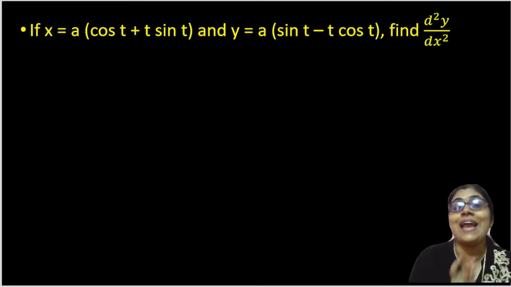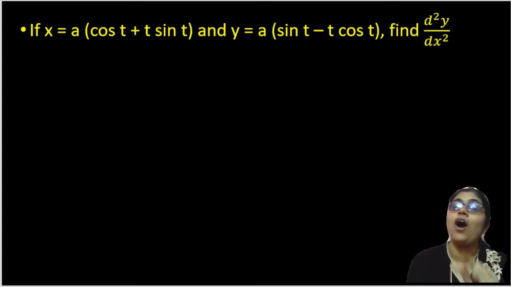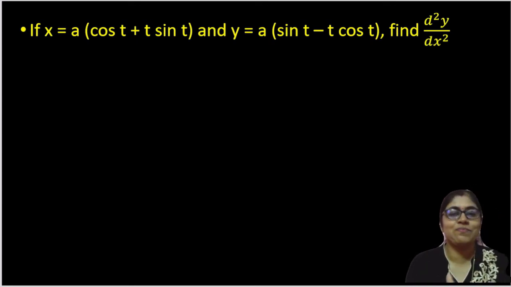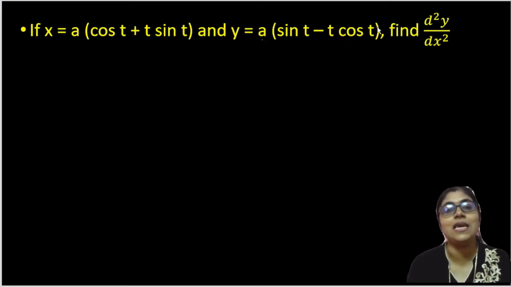So now let's do a different type of question. Second order derivative of a parametric function. So let's see how to differentiate a second order parametric function. Here x is equal to a cos t plus t sin t and y is equal to a sin t minus t cos t.